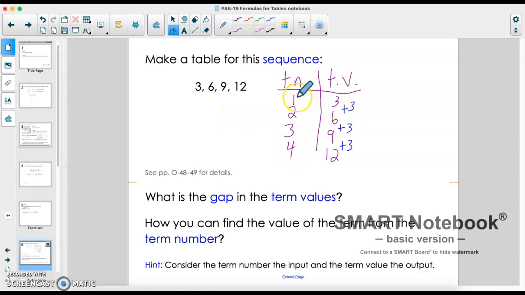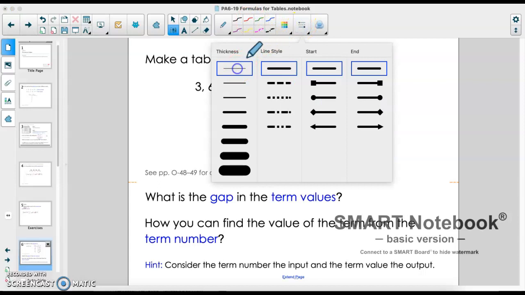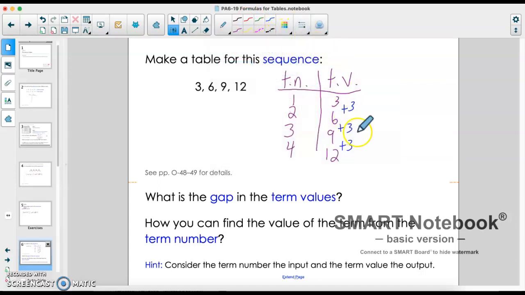And so if it's adding like that, and you're adding a bigger number every time, that is not the way to do it, okay? And so what we can use the gap for, since we've identified the gap, is saying, okay, where I'm going to start is I'm going to multiply each term number by 3.